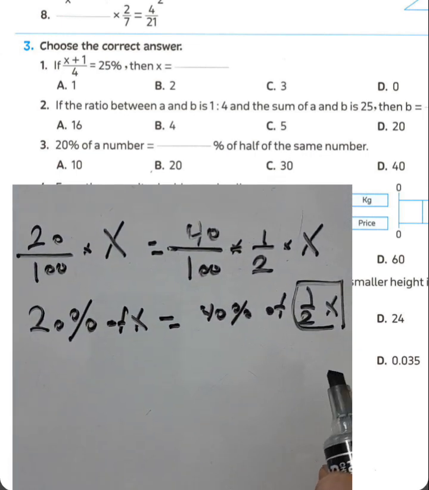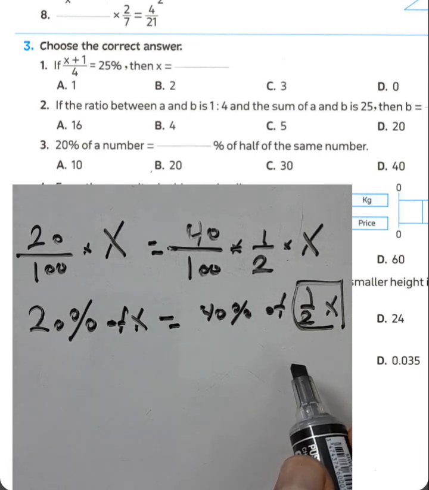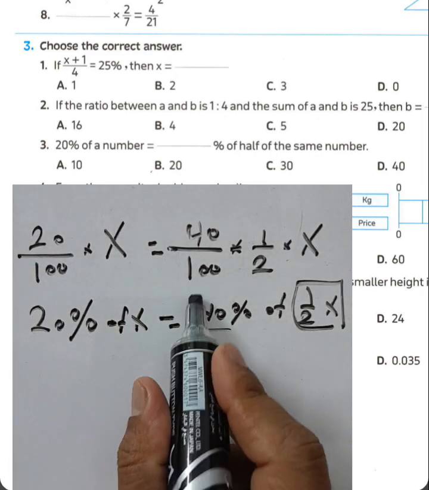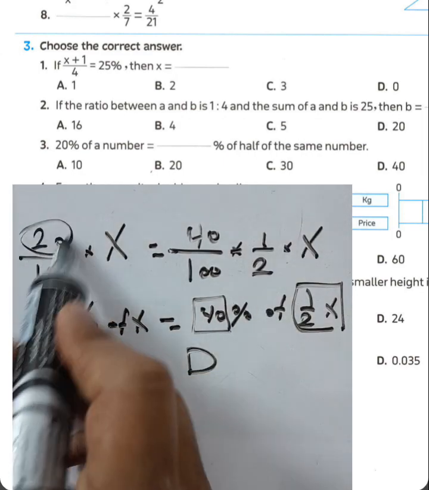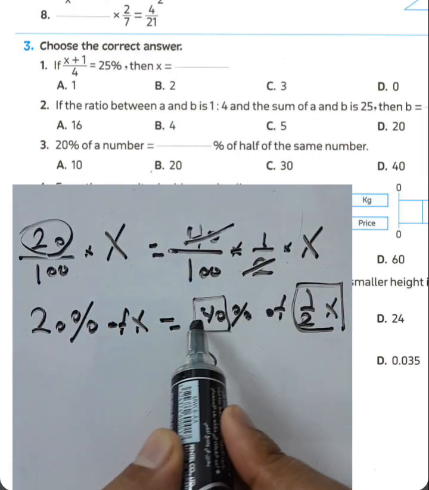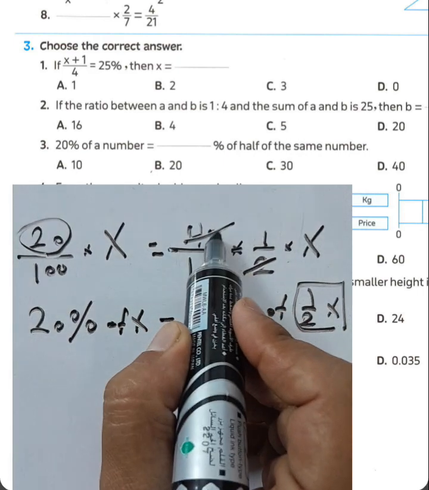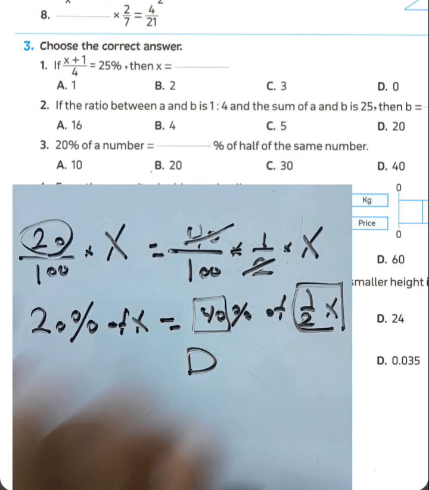So you must write in the blank 40. Choose letter D about question number 3. Understood? Because 20 is equivalent to 40 divided by 2, so you must write 40 here.